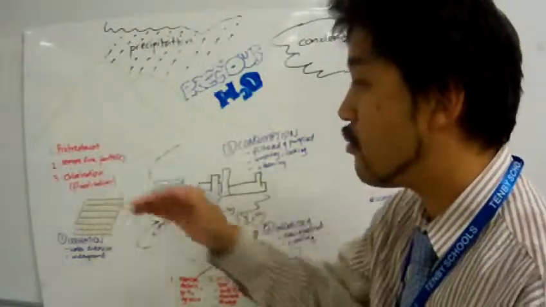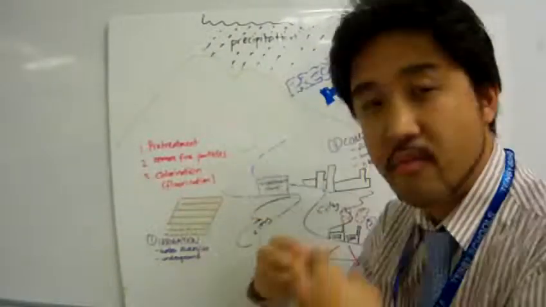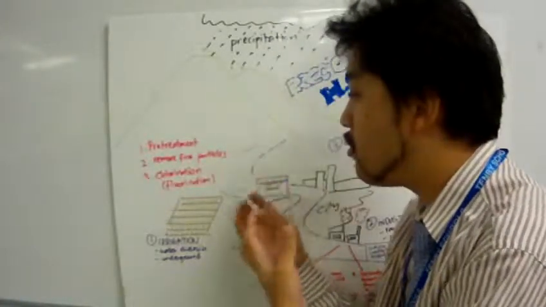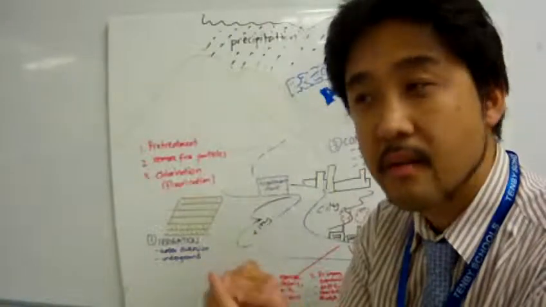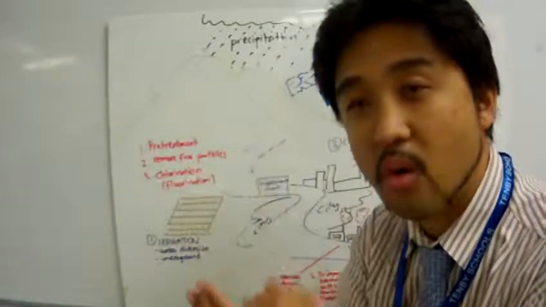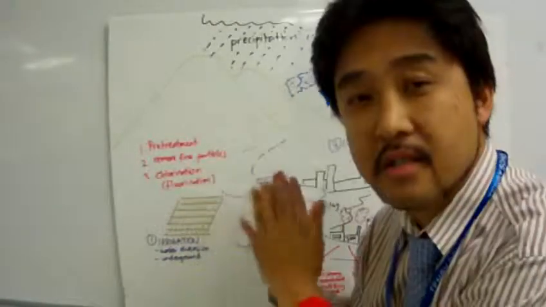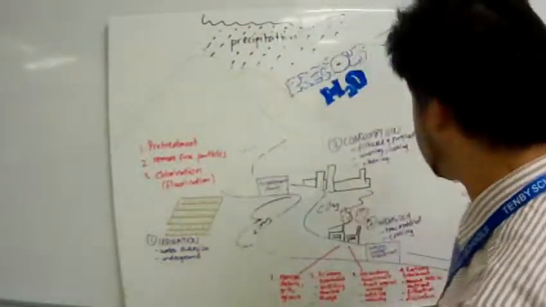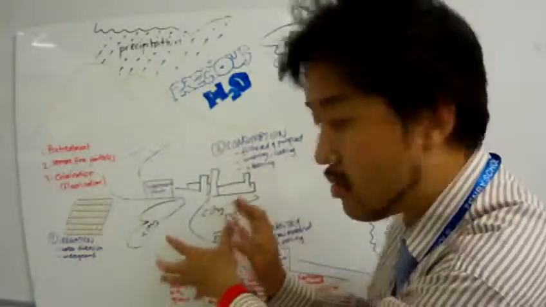The treatment plant will pre-treat the dirty water by removing big chunks of logs and stuff, and then remove finer particles, and then disinfect the water from dangerous bacteria like cholera, and some cities will even fluorinate water so that babies can have healthy teeth. And once the water gets treated, it gets distributed into the city.